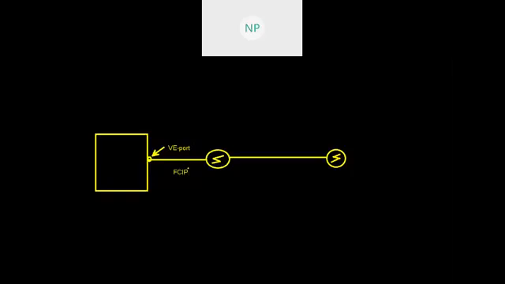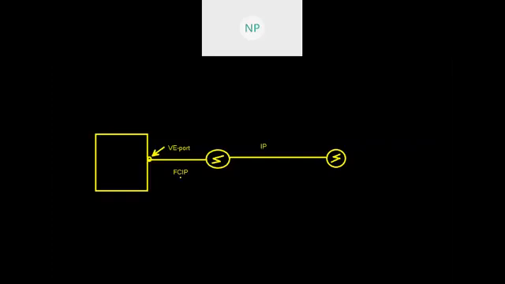Okay, FCIP, and from here my router will convert the data into IP based, and it will transfer the data to the other data center. This is how, with the help of the VE port, we can establish the communication between our fabric switches and our routers in the data center using the FCIP protocol.